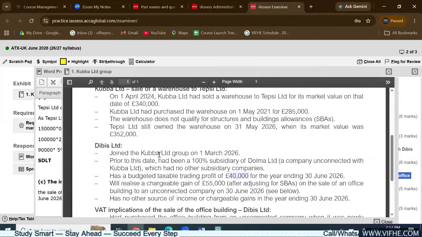Dibis Limited is now joining Kuba Limited, and prior to this date they had Dolma Limited in their group. So in this accounting period, their former shareholder was Dolma Limited and their new shareholder is Kuba Limited. That would mean that from Dibis' point of view, at some point in time they were associated with Dolma and then they got connected to Kuba Limited. So they both are to be treated as part of their associated group members for the current year.